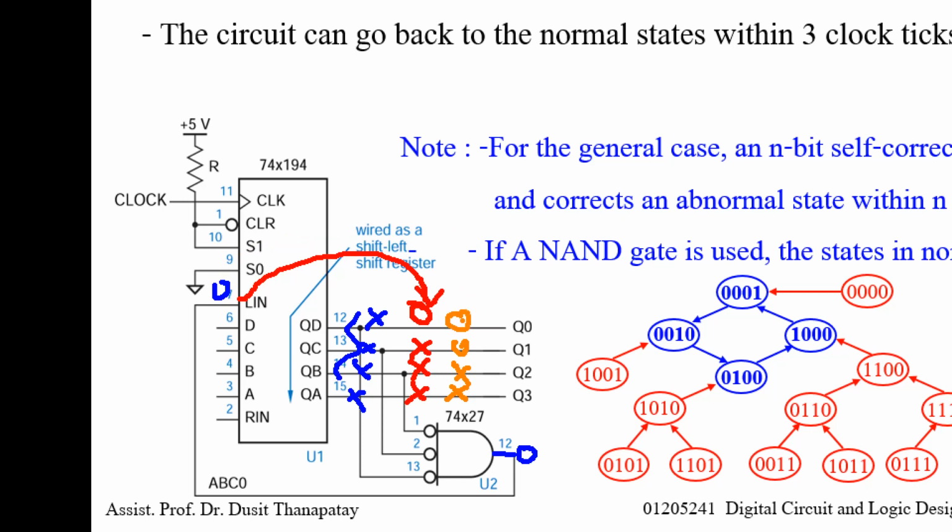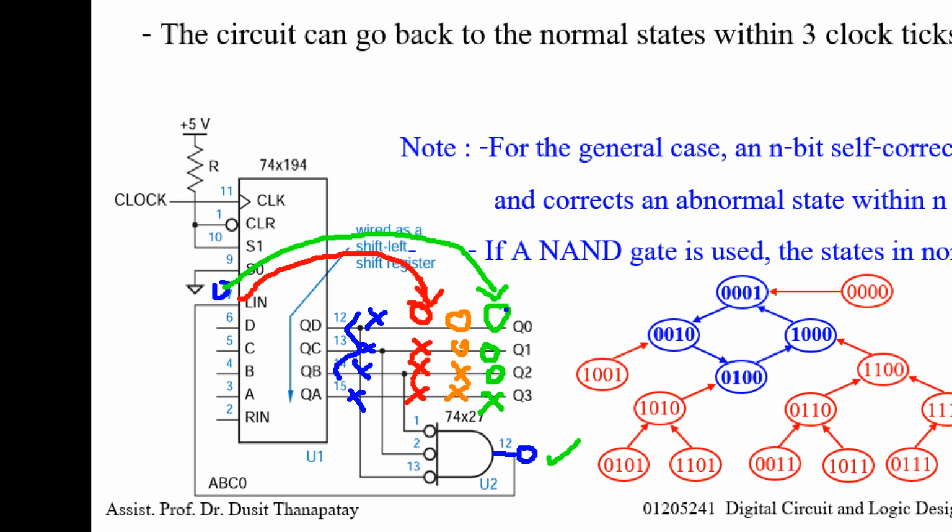For the next clock tick, assume x is not 0, right? So when the clock ticks again, it becomes 0x. And because this is not all 0, this bit is 0. That means when updating with this condition, it becomes 0 here.